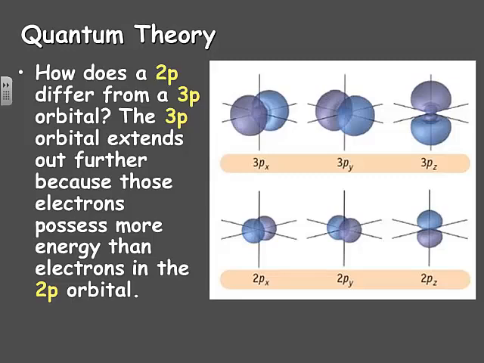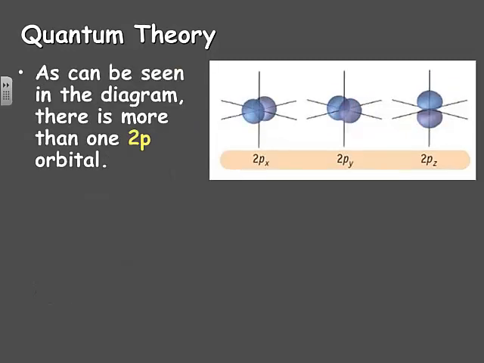Notice they're also pointed in different directions in space. In three-dimensional space, we have x, y, and z axes, so they can point in those 3 different directions. So, as you can see in this picture, even when we're at the 2p sublevel, there are 3 different orbitals known as 2p orbitals, and we need a way to differentiate between them as we talk about them. So we talk about them in terms of the three-dimensional axis on which they're aligned.